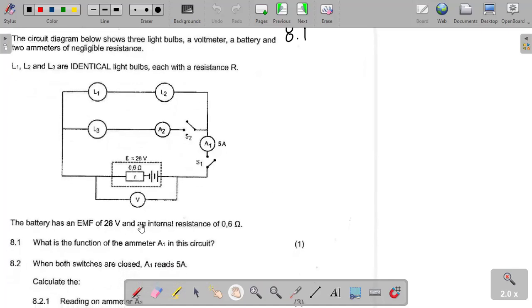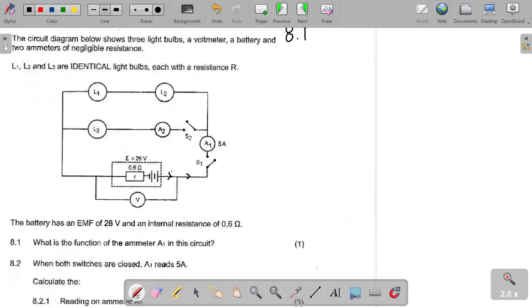8.1 is asking, what is the function of the ammeter A1 in the circuit? So let us look at where ammeter A1 is placed here. The current goes from the positive terminal and then it moves.